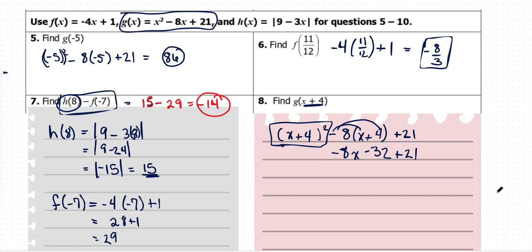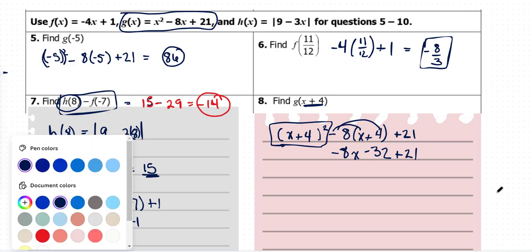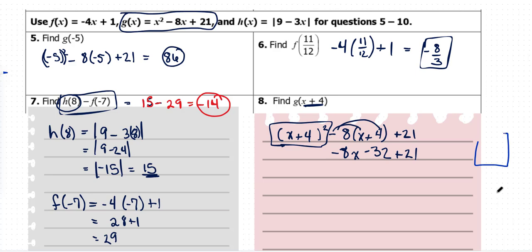And so one way is to use what's called the box method. So that means you're taking the x plus 4 and the x plus 4. So x times x is x squared. X times 4 is 4x.